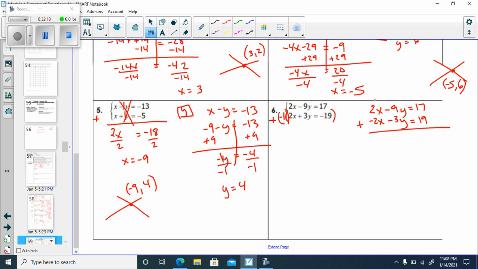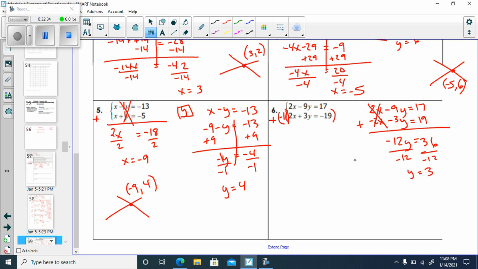Okay? 2x plus negative 2x gets rid of the x. I've eliminated the x. Negative 9y plus negative 3y is negative 12y. 17 plus 19, that's 36. Divide both sides by negative 12, and I've got y is equal to 3.